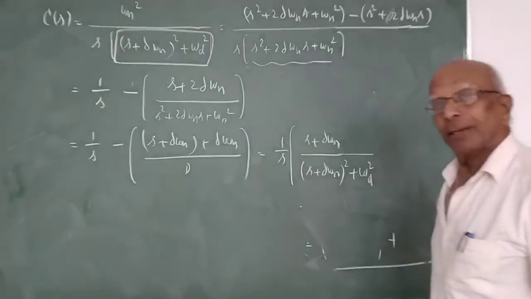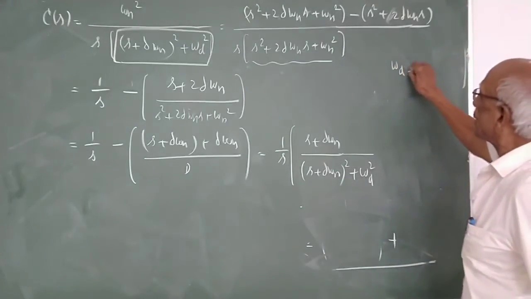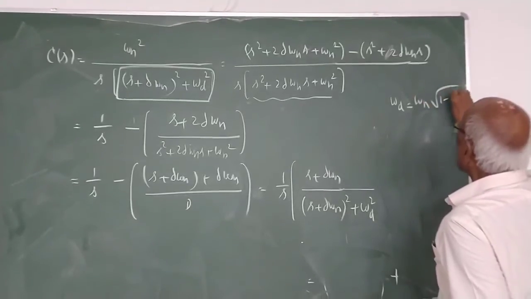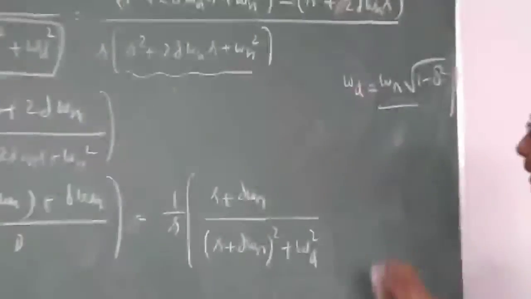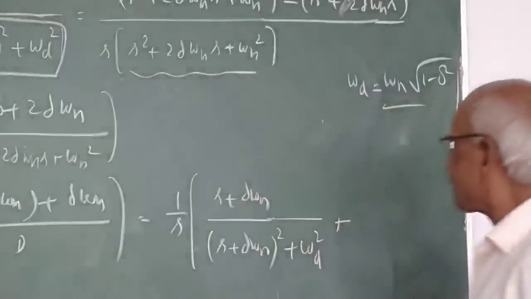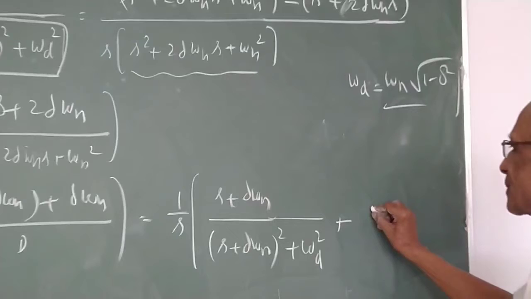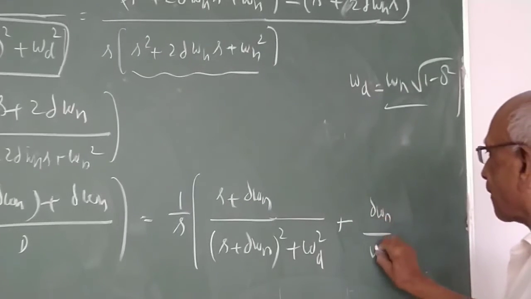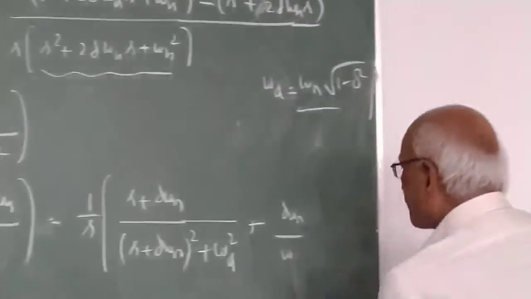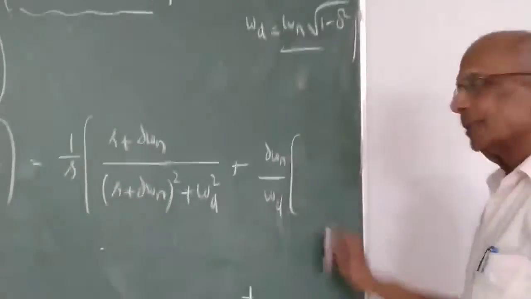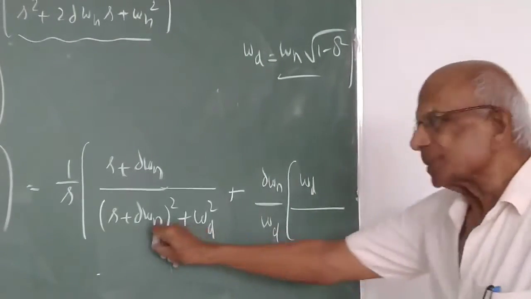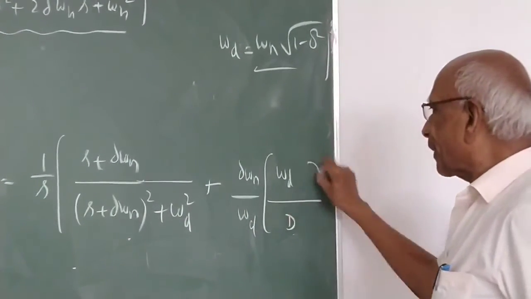We know the value of omega d: root omega n into root of 1 minus delta squared. Minus or plus? Plus, isn't it? This one I am going to write like this: delta omega n over omega d. What should I write here? Think over. It is omega d over the denominator, the same as this. Correct?